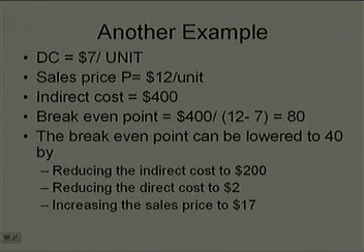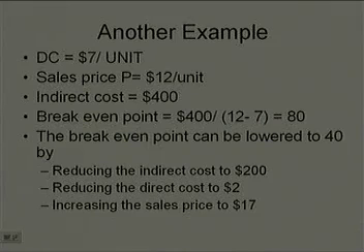Now, as a company, I would like to reduce this break-even point. I want to bring down this 80 units to some lower value. Suppose my target is to bring it down to 40 units. What do I do? I have three ways. You can cross-check whatever is shown on your slide.